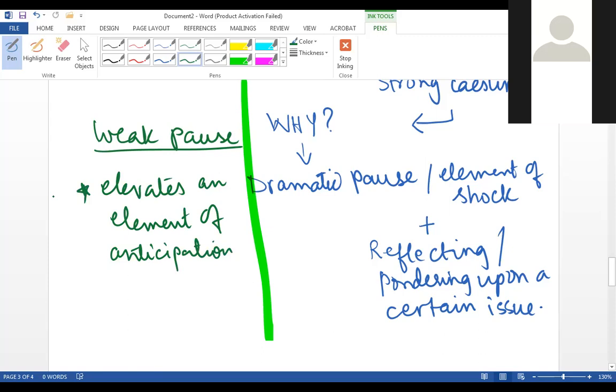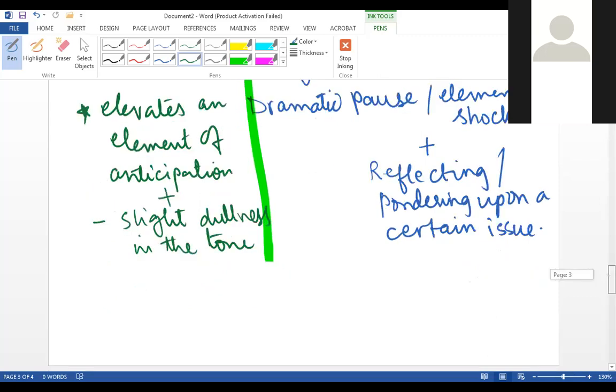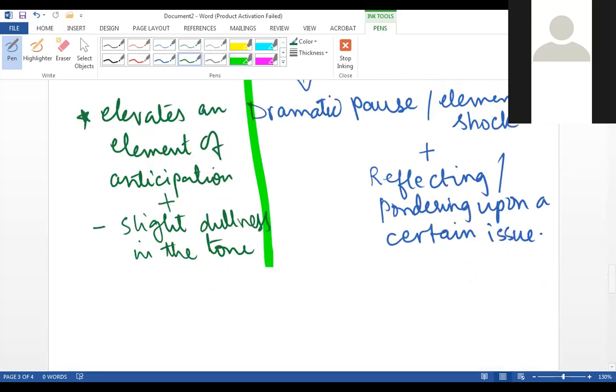You're able to identify some of the ways in which the poet is trying to create an overall impression about the text. So it elevates an element of anticipation, plus it could be a slight dullness in the tone of the poet. So it can communicate various aspects, but again, these pauses are to be recognized in the context of the text. All right.